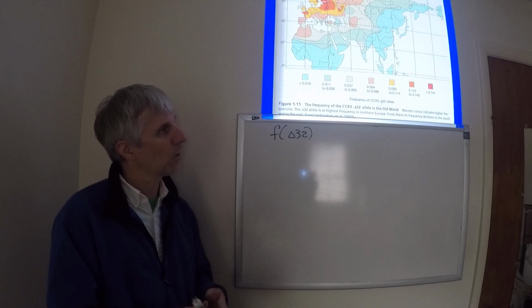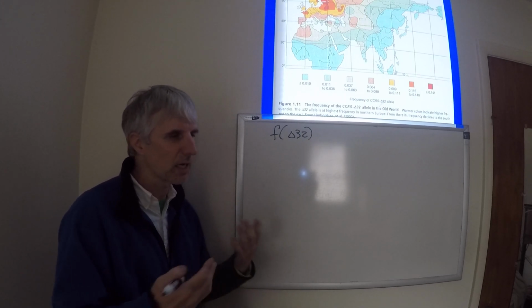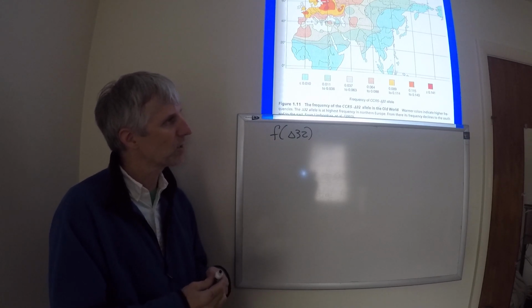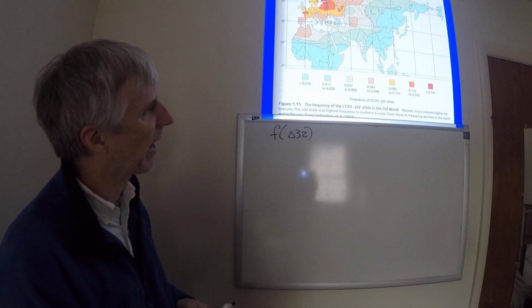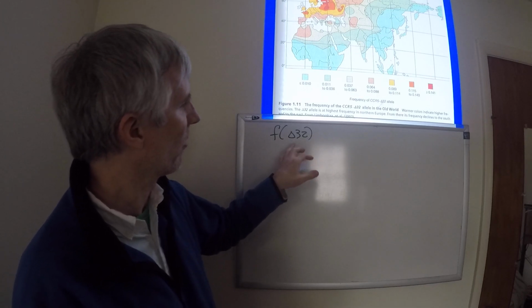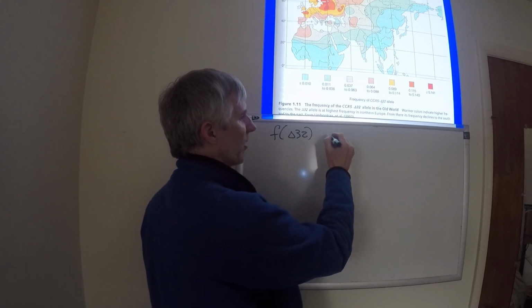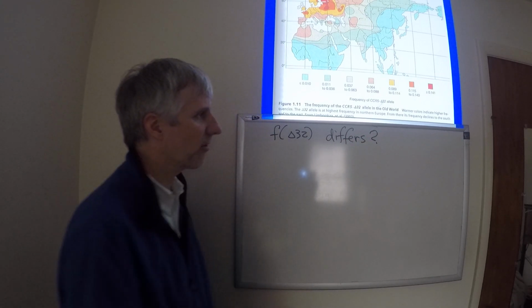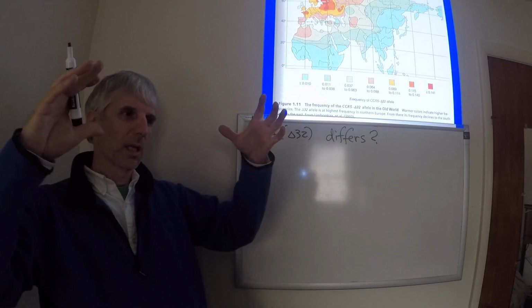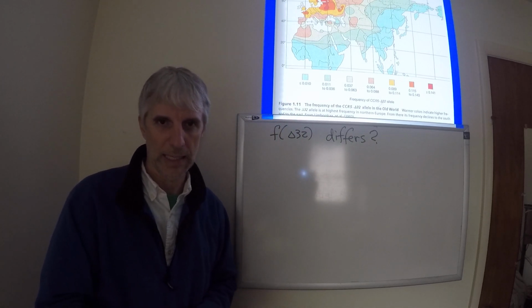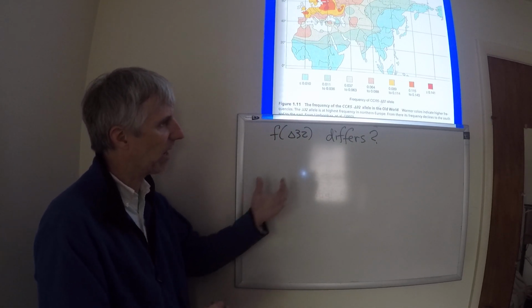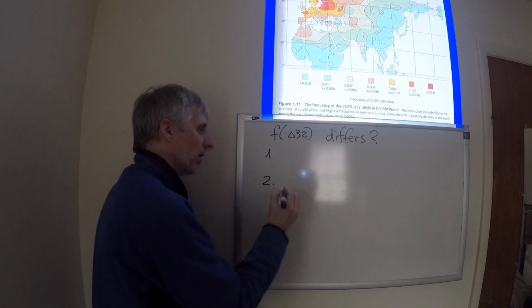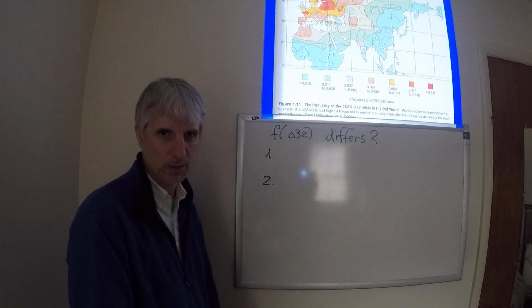Okay? So, this is kind of interesting from an evolutionary biologist standpoint, because we might want to ask some questions about why it is that the frequency of this delta 32 allele differs depending on where you are on the planet. Okay? Now, the reasons for this fall into 2 main categories.